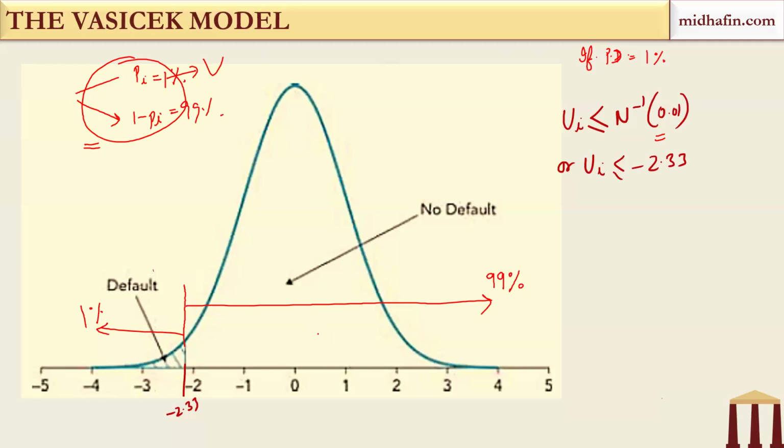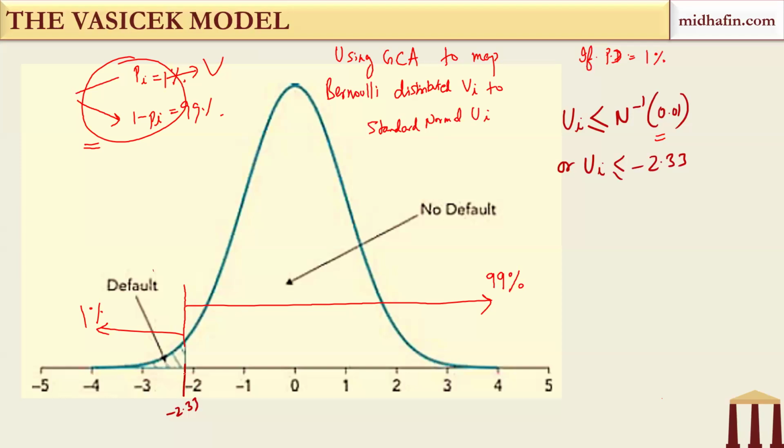So basically, based on this mapping, as of now we are only doing the mapping. Remember, we are using the Gaussian copula approach to map this Bernoulli distributed Vi to standard normal Ui.